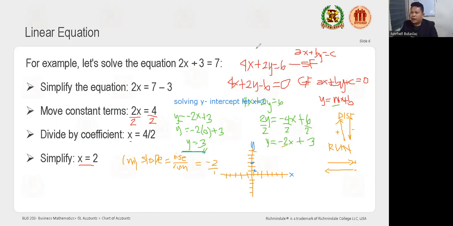So if we connect the line, let's connect the line. And there you go, that is our line for the linear equation.